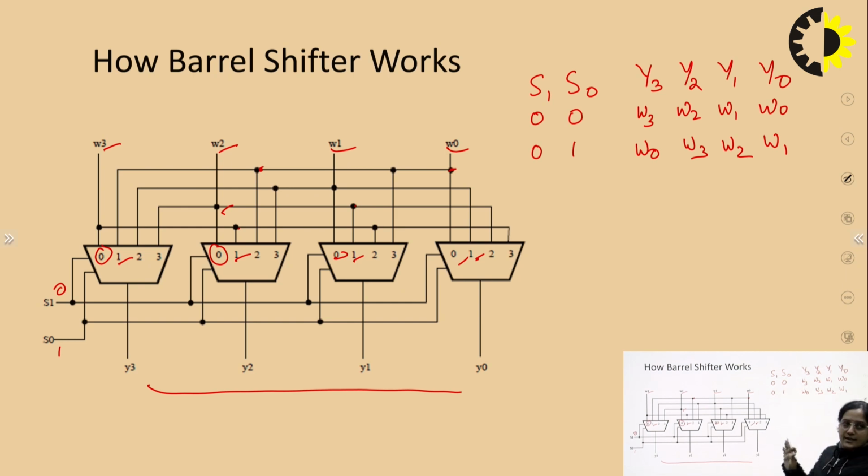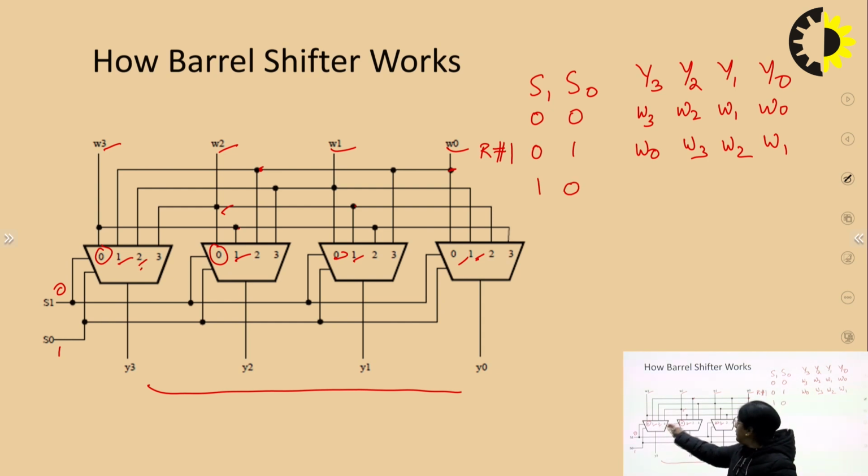So you can say that it is a right shift operation. Shift right by 1. So I can write here in this way, it is R by 1. 1 position shifted right.